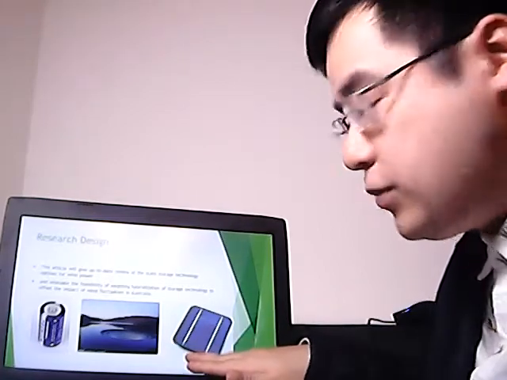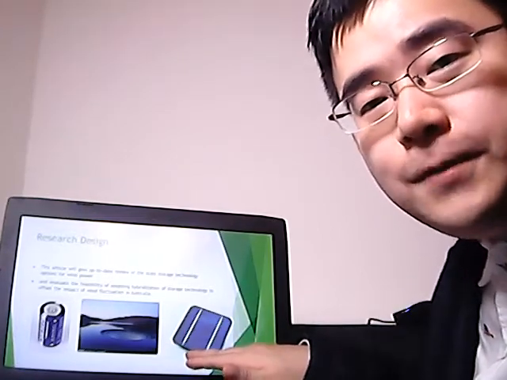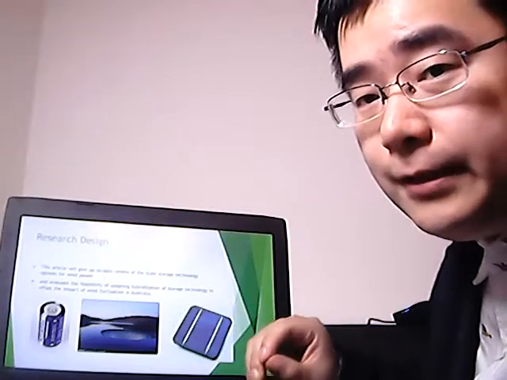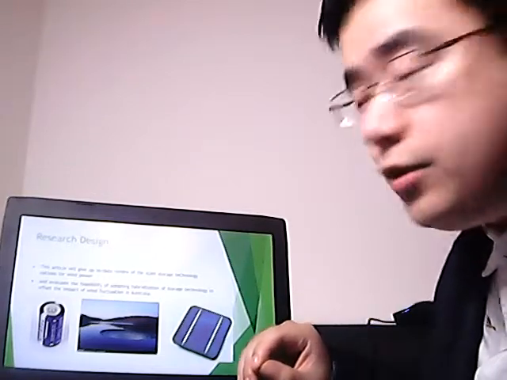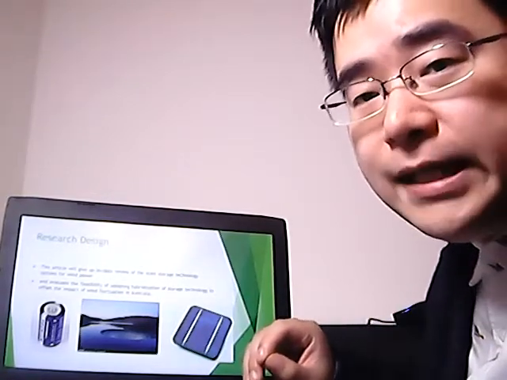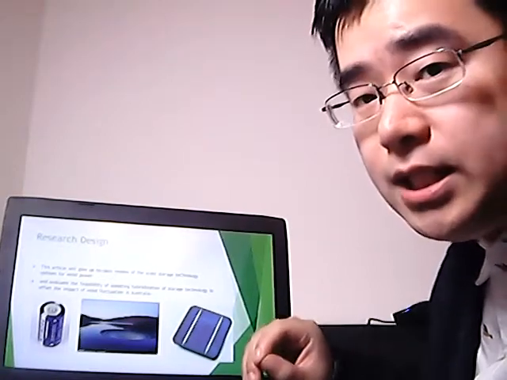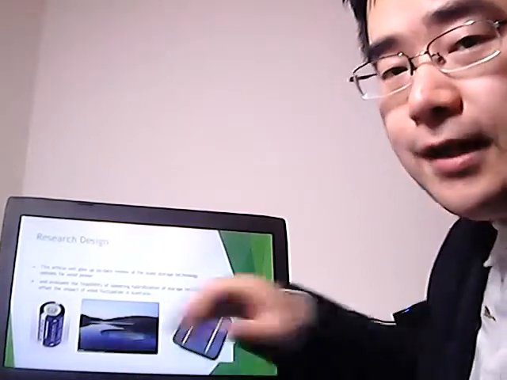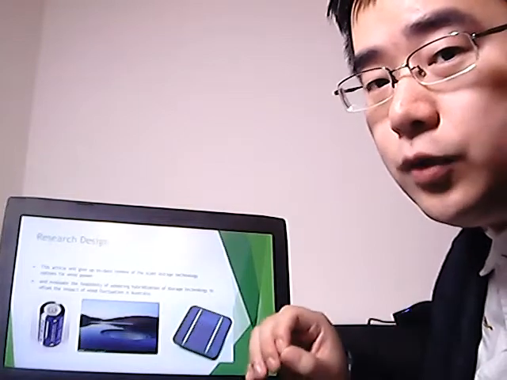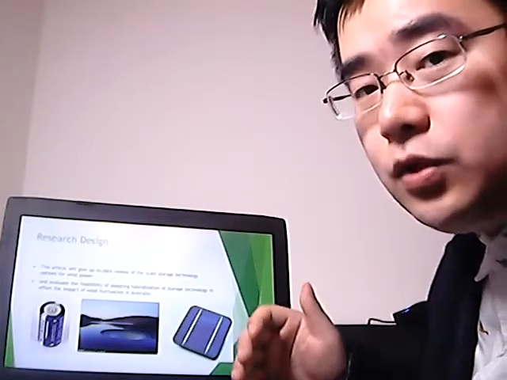And the PV board is extremely expensive. So we should try to come up with a method that combines the three methods so that we can make the best use of them.